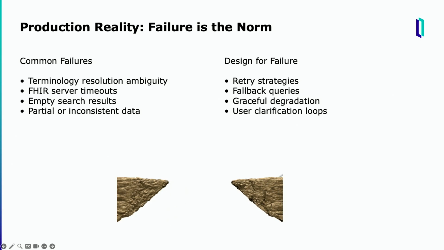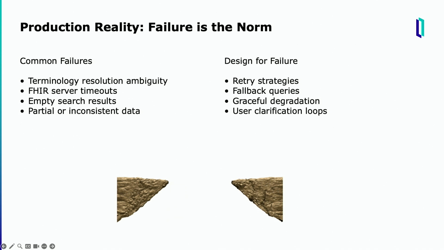A message that I've already mentioned is that production systems will fail. Terminology may be ambiguous. FHIR servers may time out. Results may be empty. And data may be inconsistent. In fact, one week before doing this workshop, the SNOMED International Code Browser went offline.